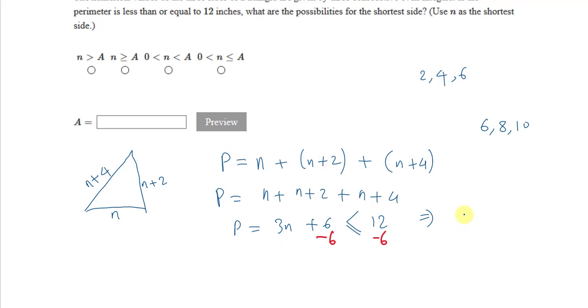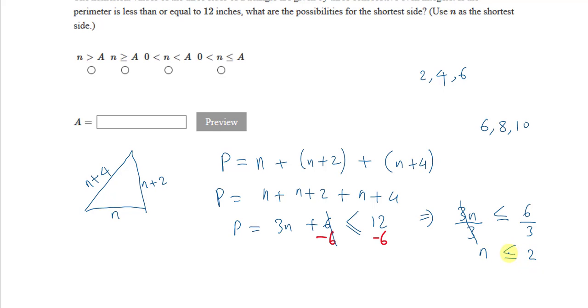So that gives me 3n. 12 minus 6 gives me 6. And then to solve for n, I divide by 3 on both sides. 6 divided by 3 gives me 2. So n is less than or equal to 2.